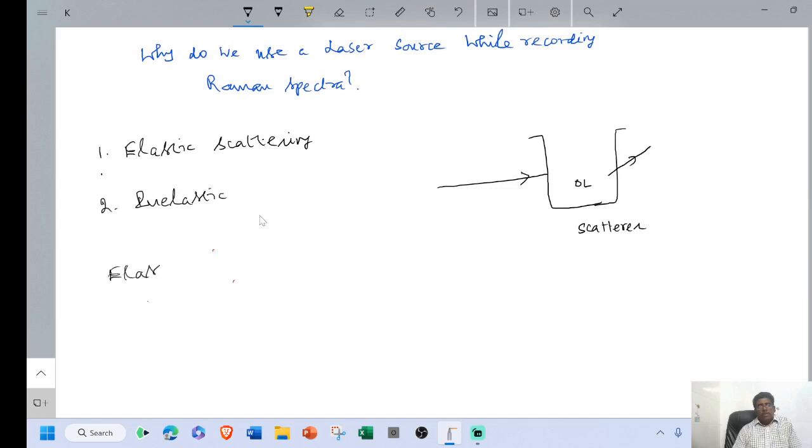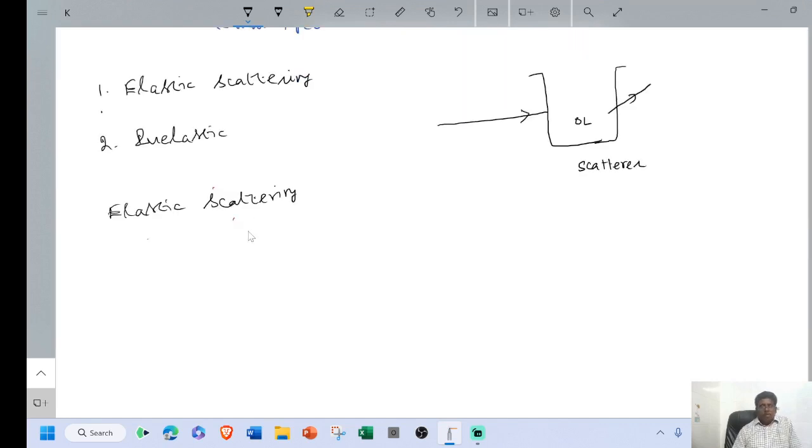If you consider the elastic scattering, you can see the frequency of the scattered radiation is equal to the frequency of the incident radiation. That means energy of the scattered light is equal to energy of the incident light.